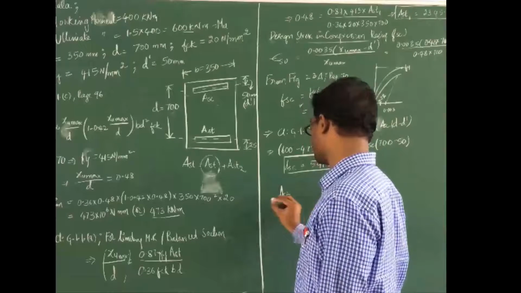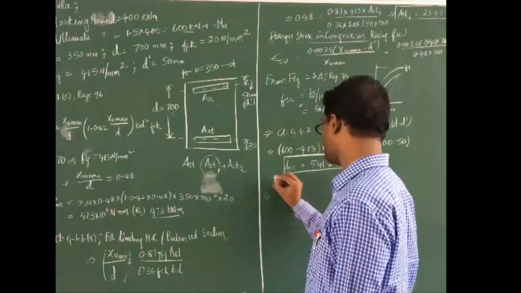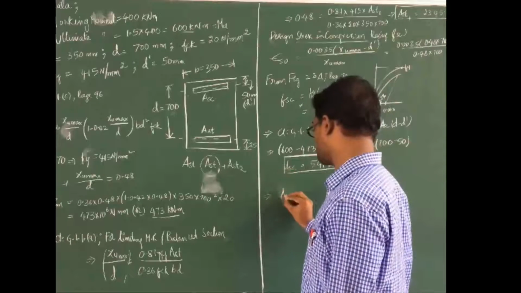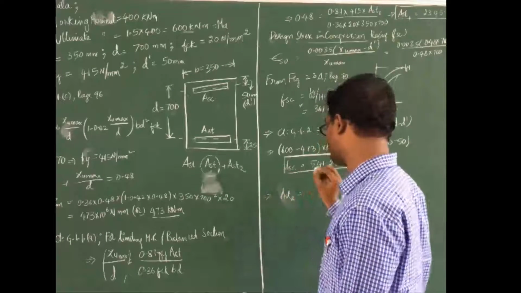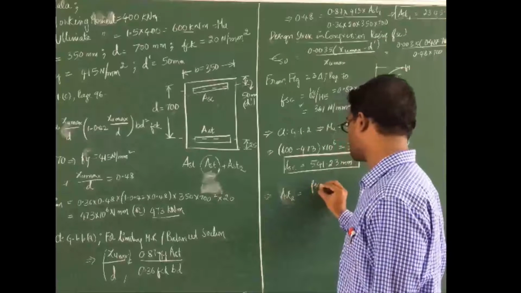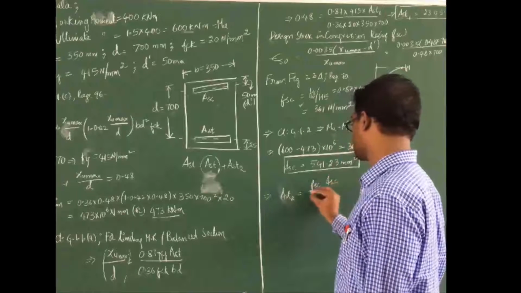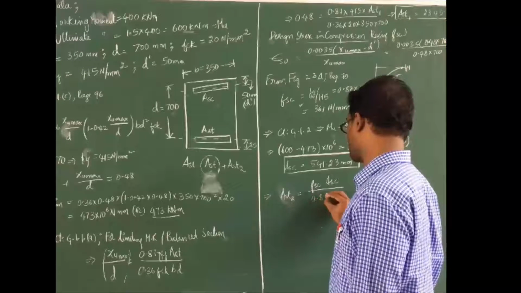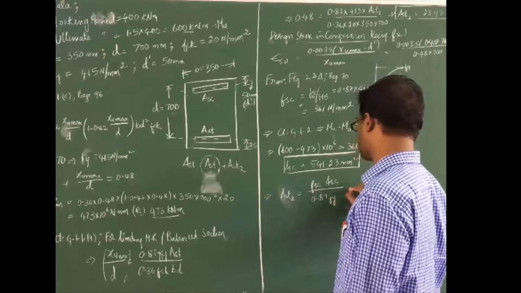You know ASC now, you also know FSC, so you can calculate AST2. AST2 from the same clause is given as FSC ASC divided by 0.87 Fy.